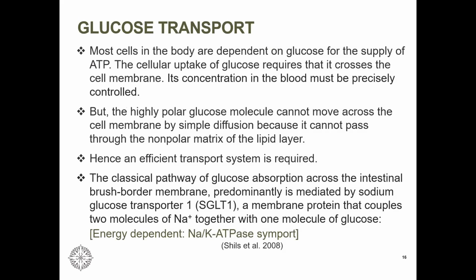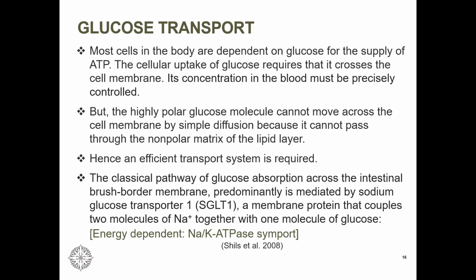Okay, so an important thing now in the coming slides: glucose transport. So now we have this glucose which is required by our body, actually by each cell for its energy because we are making ATP out of it.